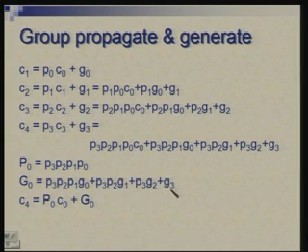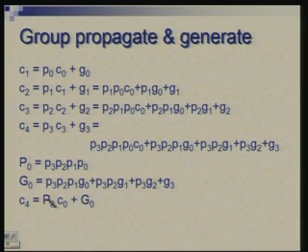So, it is G3 or G2 and P3 or G1 and P2 P3 or G0 and P1 P2 P3. Given this, you can write C4 in terms of capital P0 and C0, that is, this block propagates C0 or this block generates a carry.